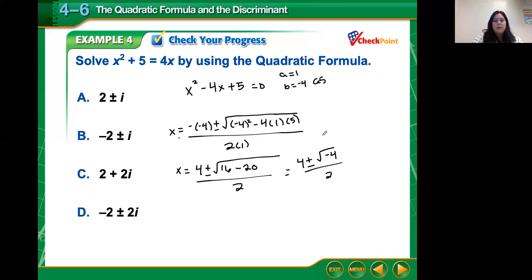And the square root of -4 is 2i. So we're going to get x equals 4 plus or minus 2i all over 2. All our coefficients and constants are divisible by 2, so we can do that. And we get 2 plus or minus i. So our answer is A.